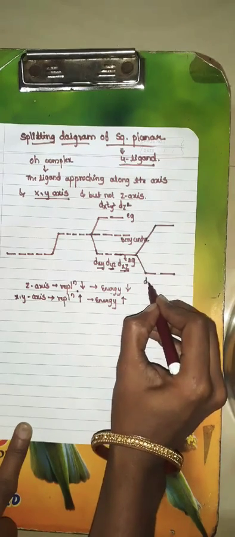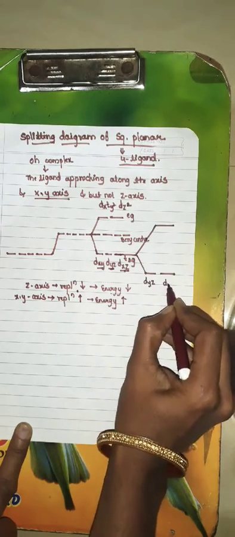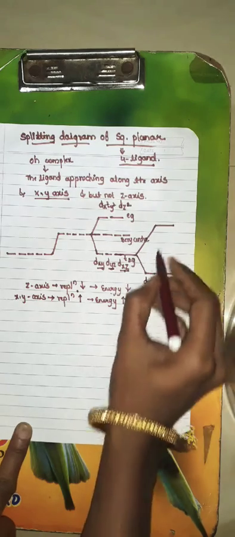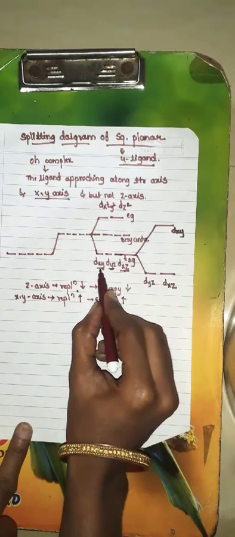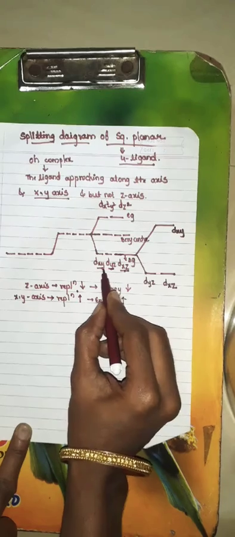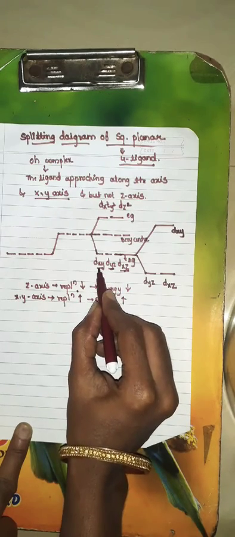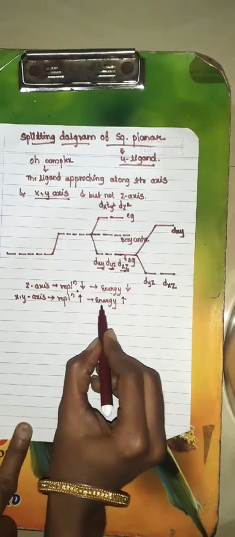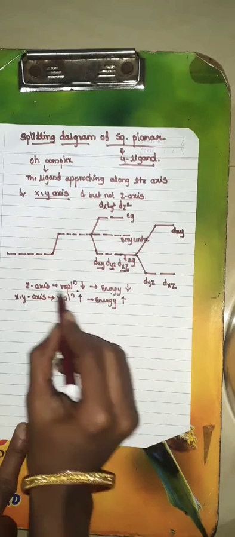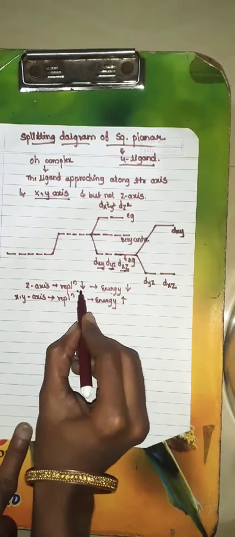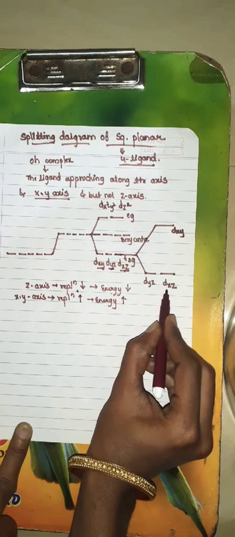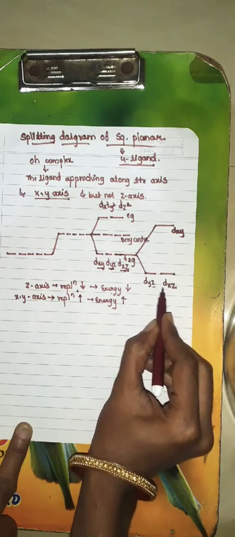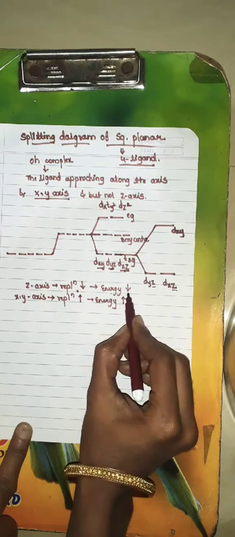This is dyz and dxz, and this is dxy. Why does it happen? Because ligands approach along the xy axes, repulsion increases and energy increases, but along the z axis repulsion decreases and energy decreases. Dyz and dxz contain the z axis, therefore energy decreases.